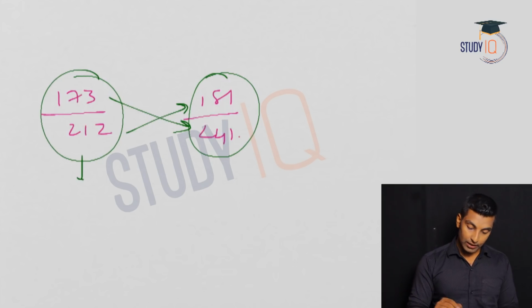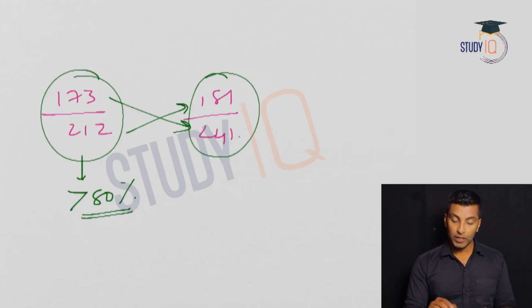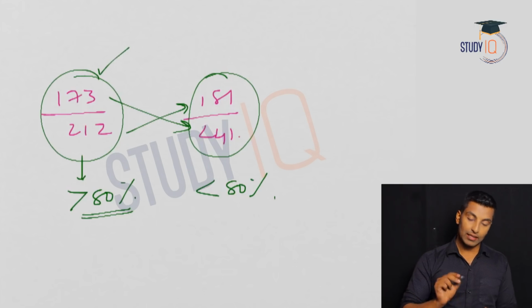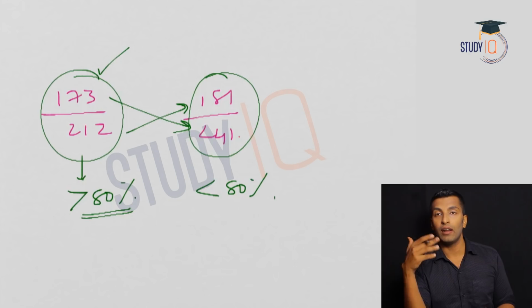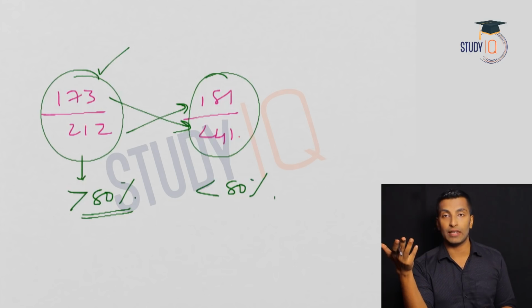By looking at this, you can understand that the first ratio is greater than 80%. You need to have some more idea about percentages, which we have already discussed. So the first ratio is greater than 80%, the second ratio is less than 80%, so obviously you can mark the first as the largest one. Sometimes you will get both in the 80s range, and then you need to proceed further.